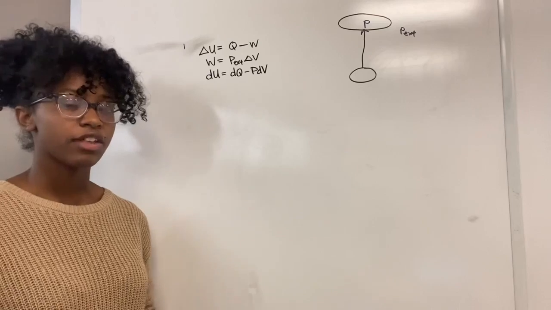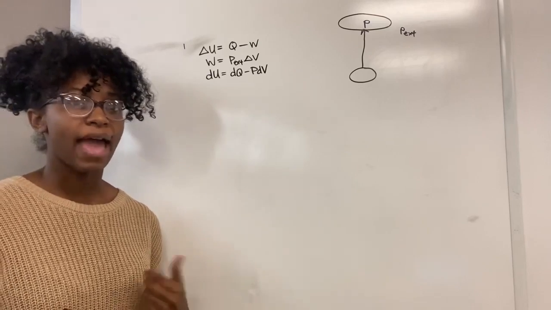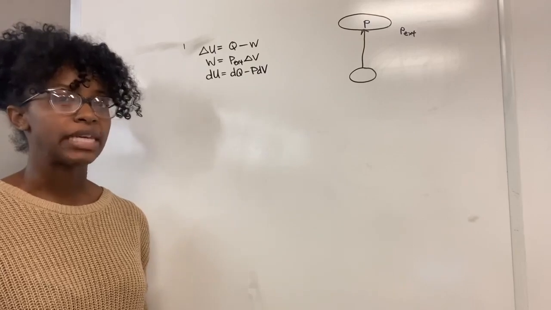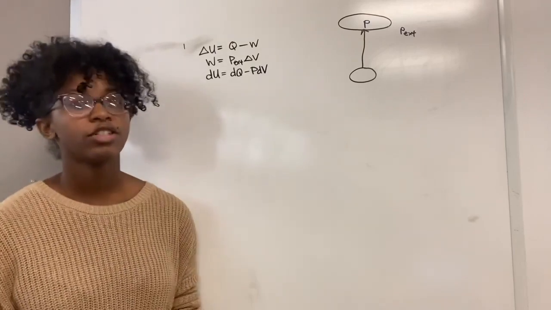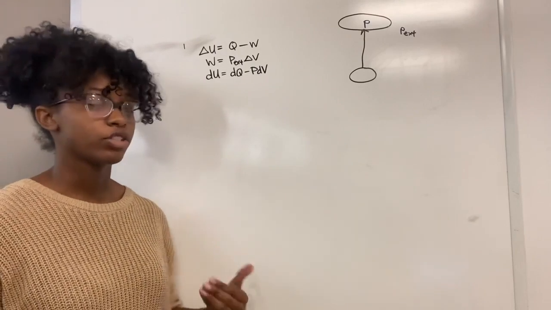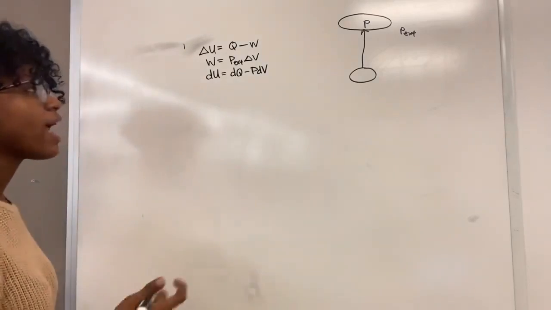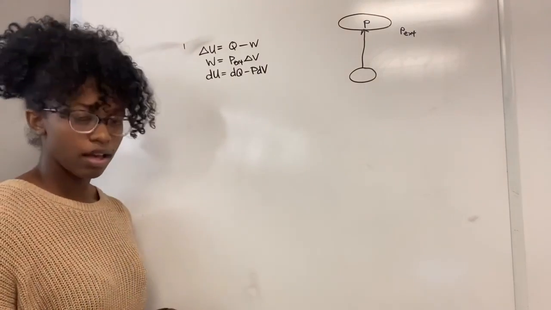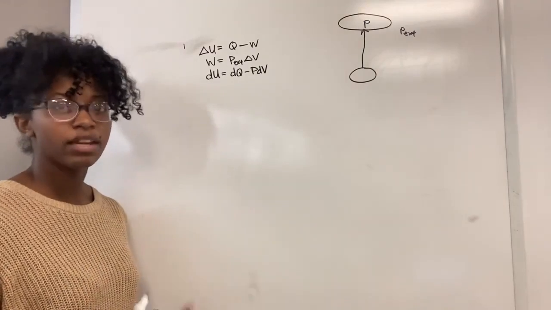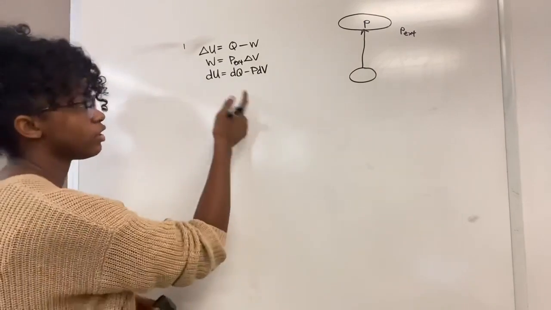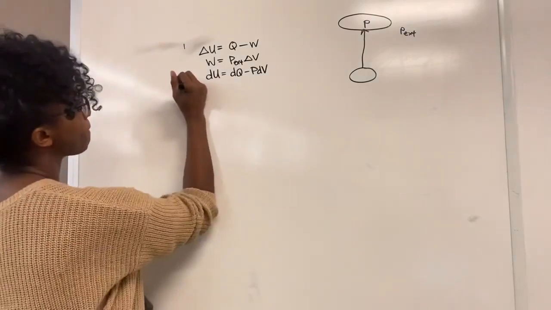Adiabatic meaning there is no heat added to or removed from the system, and reversible meaning that the pressure internally and the pressure externally will be the same. And so since it's adiabatic, there's no heat added to or removed from the system, then we know that dQ will be 0.